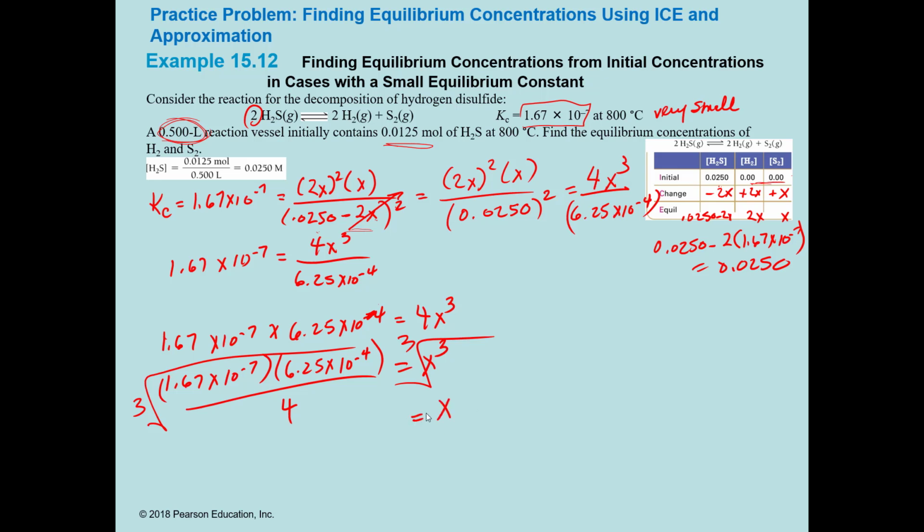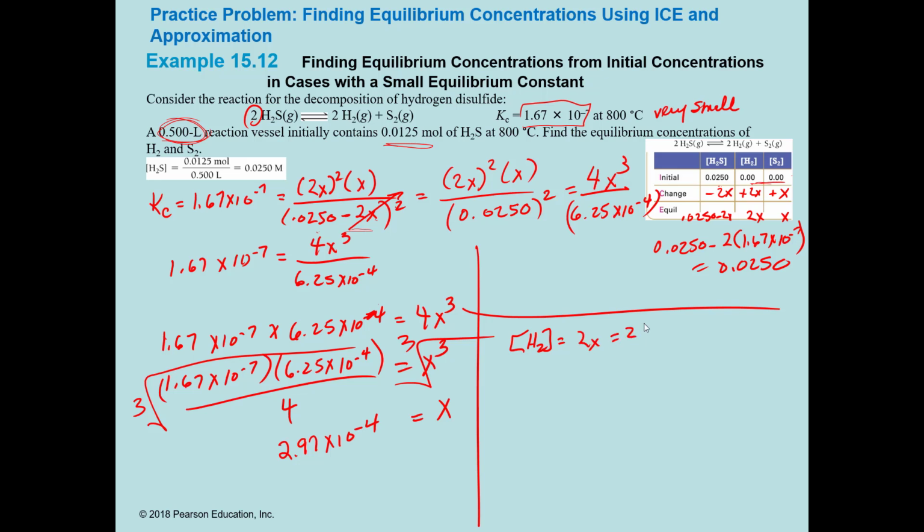So I'm going to take the cube root of this and the cube root of that, and so that's going to give me x over here, and it's going to give me 2.97 times 10 to the minus 4, which is the cube root of this whole thing right here. Okay? And again, your calculator can be your friend or it can be your worst enemy, so make sure you know how to use it.